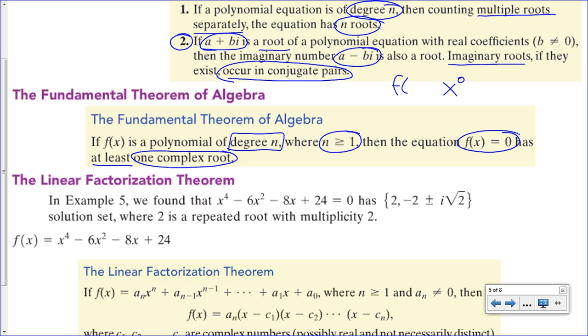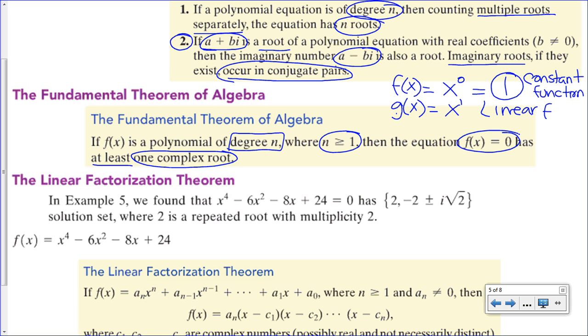So if I were to have a function like that, what is x to the 0? It's just 1, right? So in this case, this one is just a constant function. And so a polynomial of degree 1, how do we call those functions? Linear. So linear function.